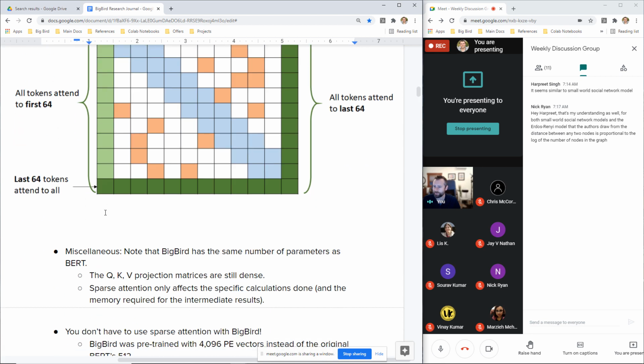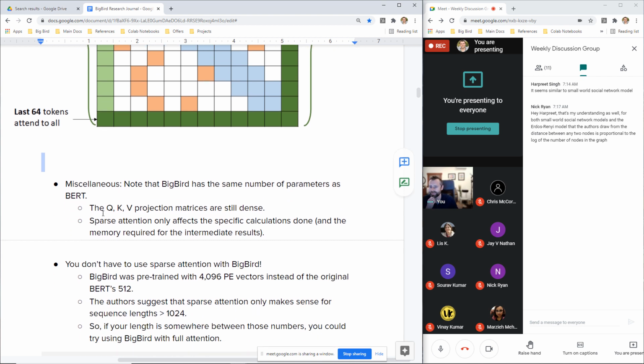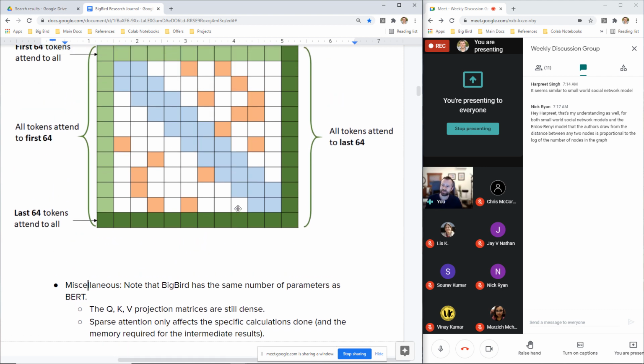Anything else to say about that? I've got a couple more miscellaneous details here. I thought it was helpful to understand that sparse attention does not affect the number of parameters in the BERT model. The query, key, and value projection matrices are still dense.